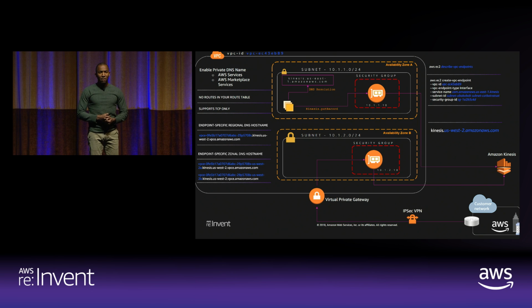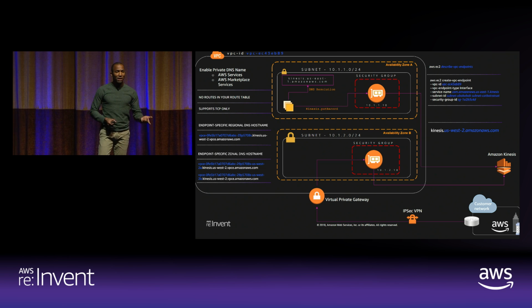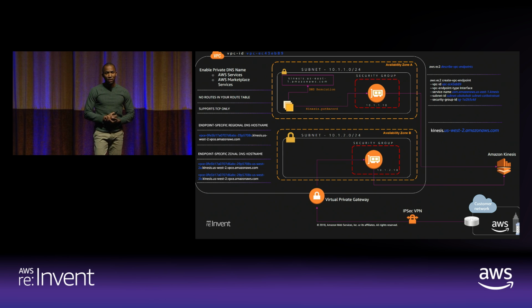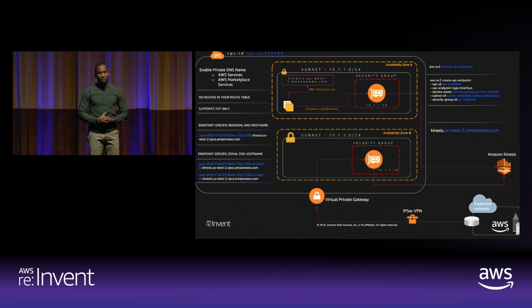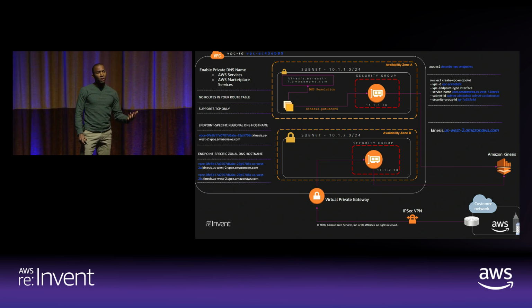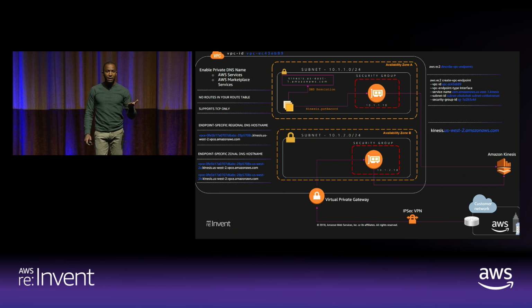Which means that if you're communicating with Kinesis today, you'll see no difference. If you have an application that's writing to a Kinesis shard, for example, you won't have to make any special changes to your application. All requests will go through the fundamental DNS hostname for Kinesis.